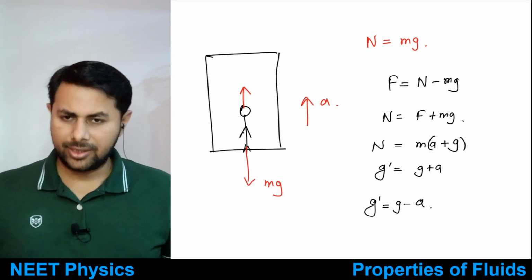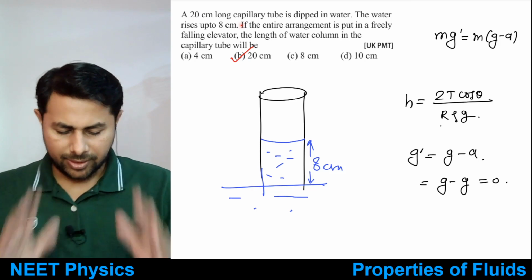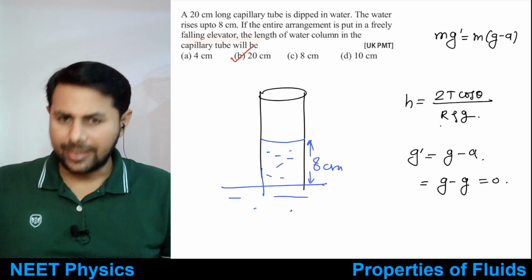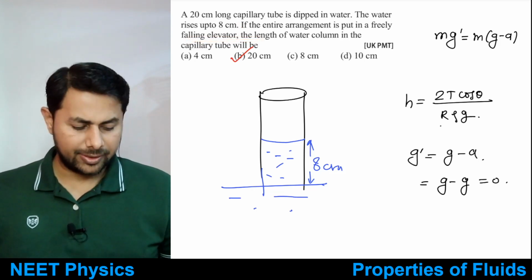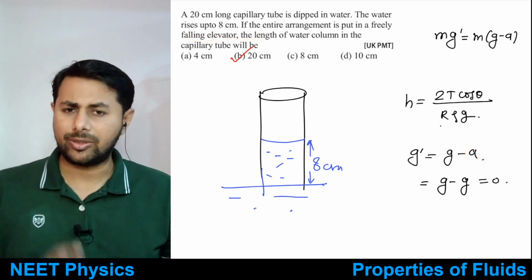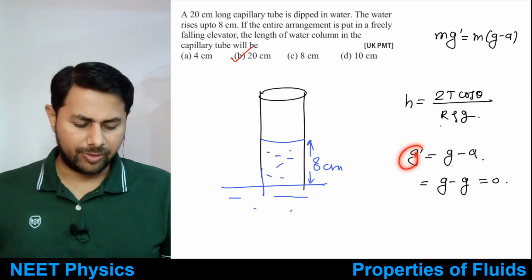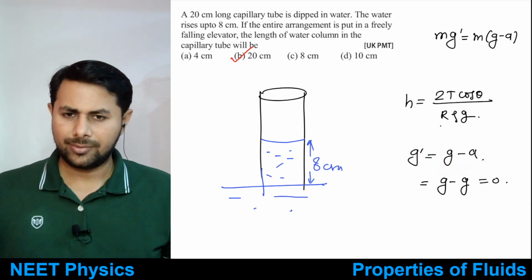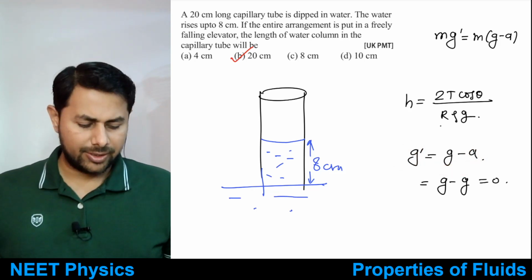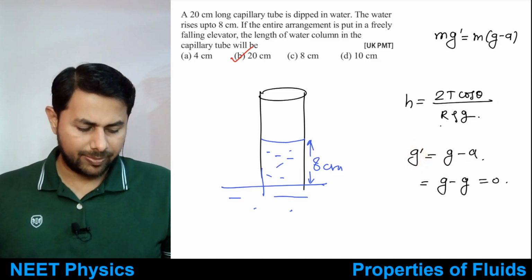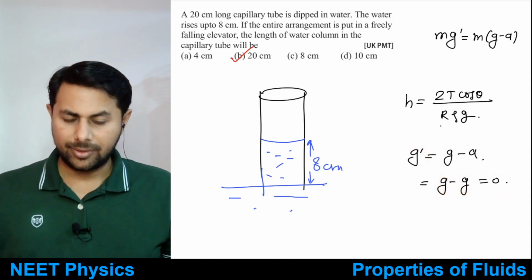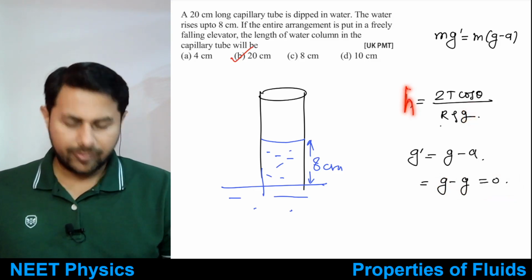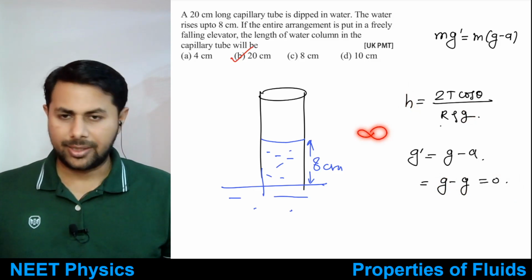So in this case, what is happening? The capillary tube is dipped in water and it is kept in a falling elevator. It's freely falling. That means the acceleration would be equal to g, and then g prime is equal to g minus a, and a is equal to g. So g prime would be equal to just 0. Because g prime is equal to 0, the maximum possible height can be infinity.